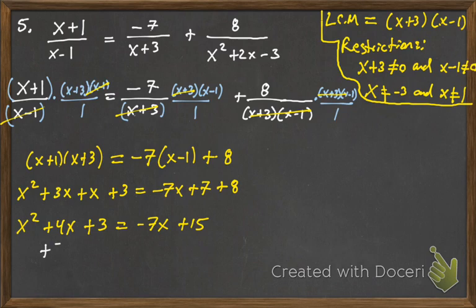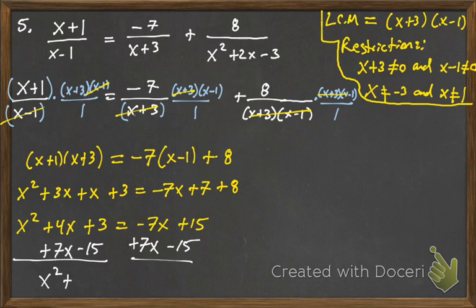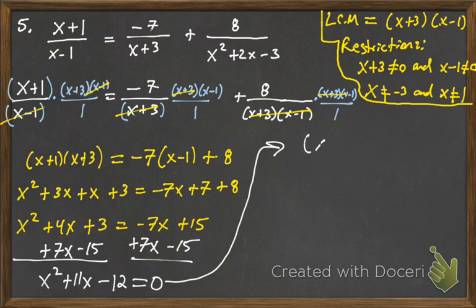This is quadratic, so we're going to add 7x and subtract 15, and we're going to do that so that we can hopefully factor. So x squared plus 11x minus 12. And then we're going to migrate up here. That factors into x plus 12 and x minus 1.